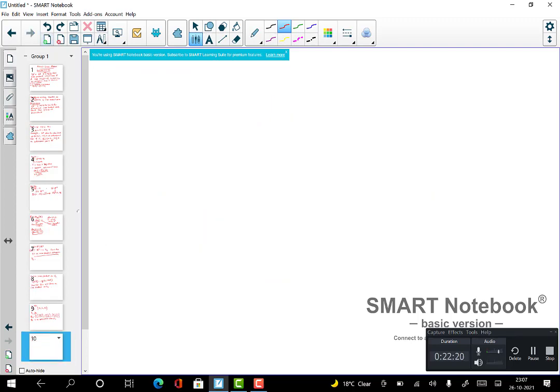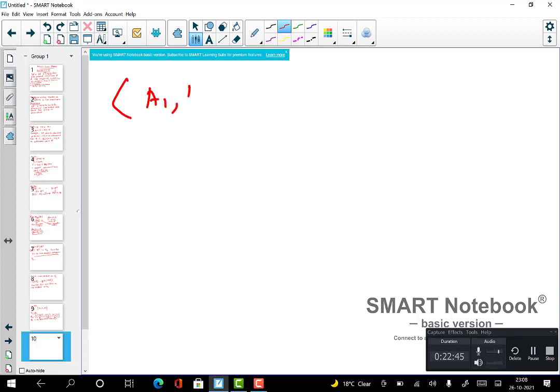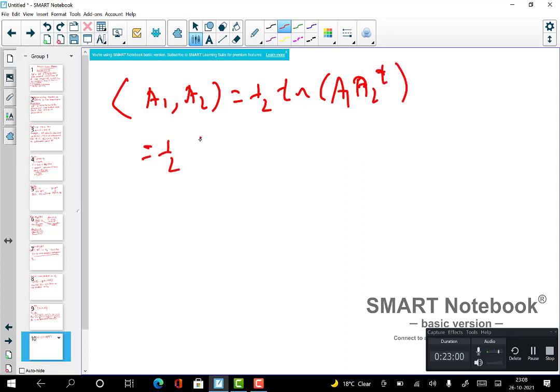First of all, what is the inner product of these? Let me name them A1, A2, A3. What is the inner product of A1 with A2? This is half of the trace of A1 A2 transpose. Now you just check it, it's immediate.